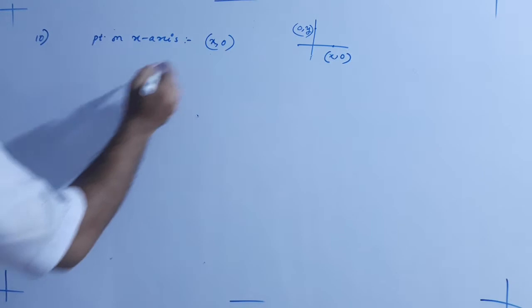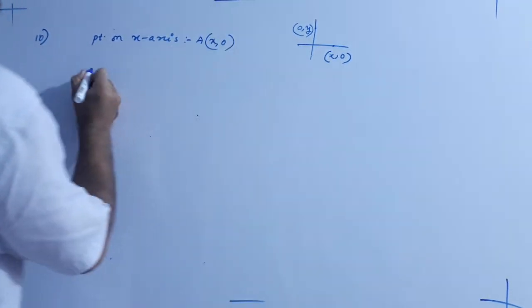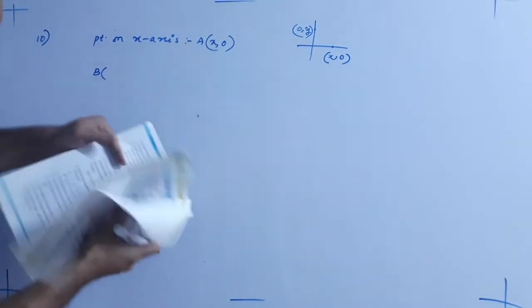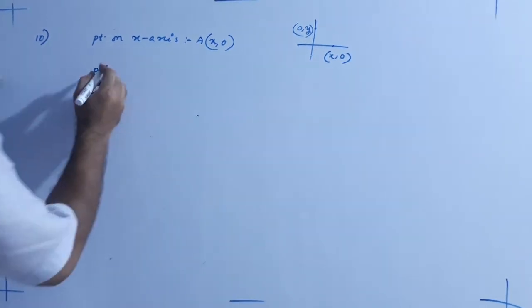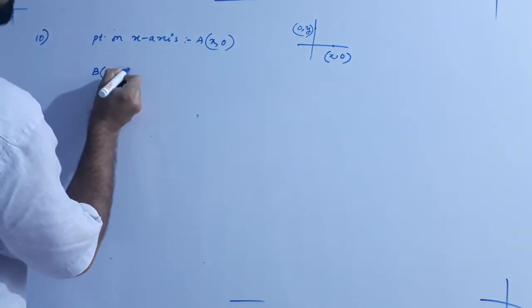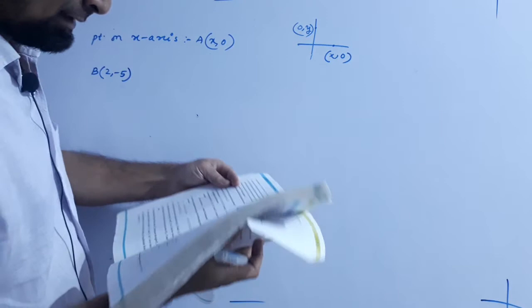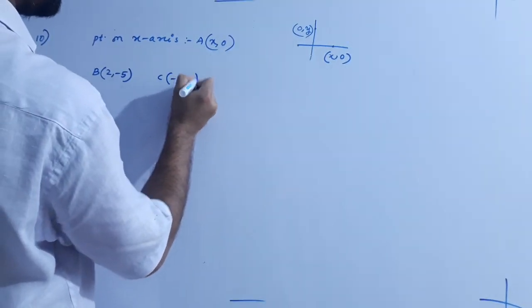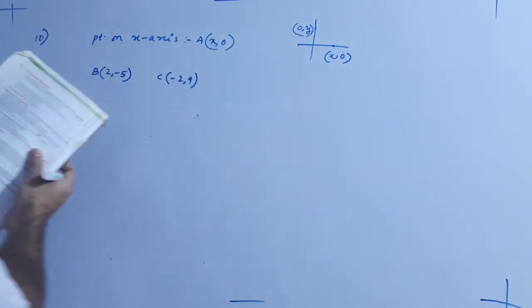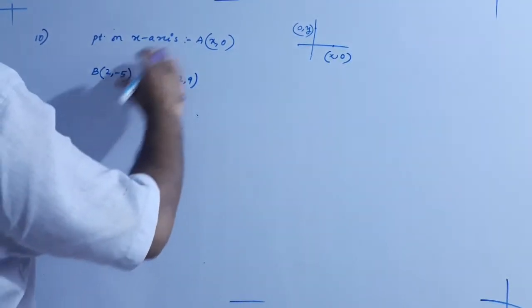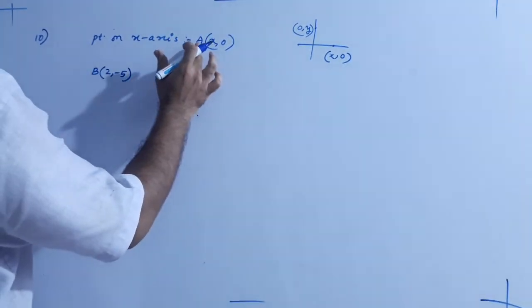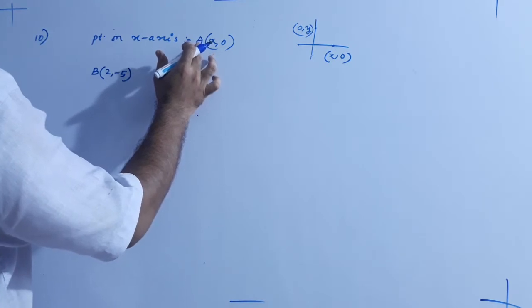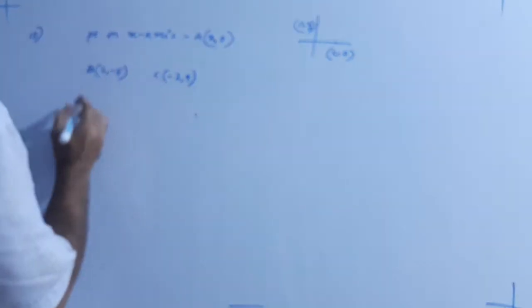So let us assume this point as A. Let us assume B as (2, -5) and C as (-2, 9). What is being told is that this point is equidistant from B and C. What does that mean?